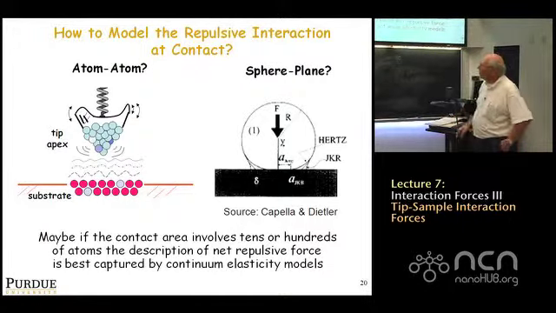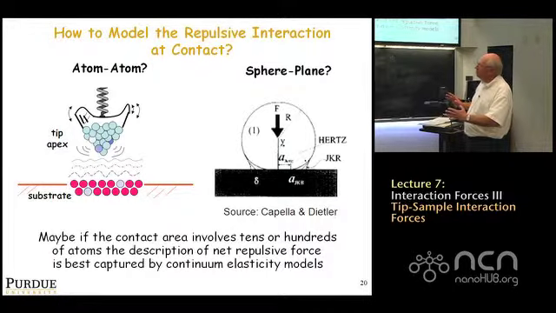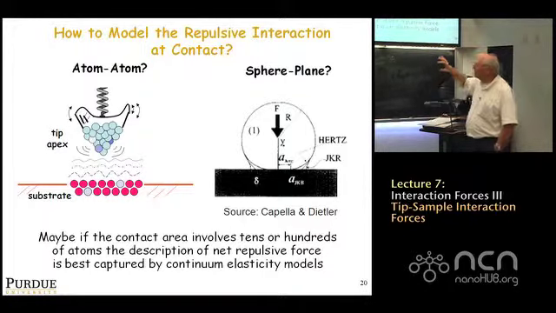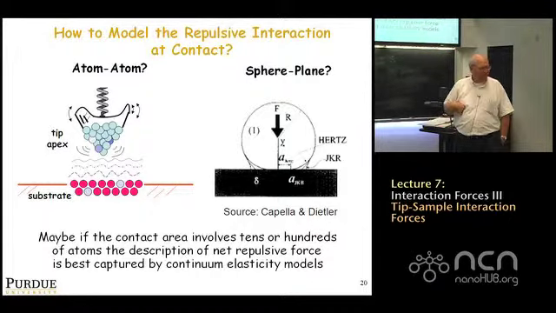So I think the physicists and the quantum chemists tend to look at AFM in terms of atom-atom interactions. I think the people in the engineering disciplines tend to look at the tip-substrate interaction as a continuum interaction between spheres and planes.